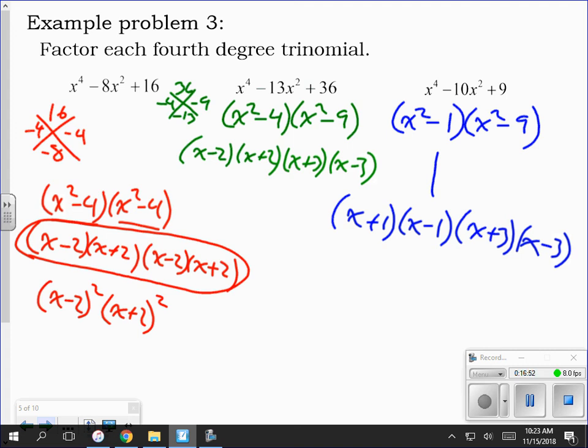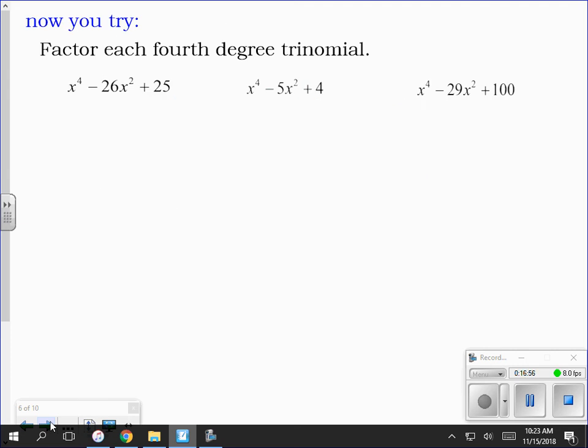Questions on these examples? Your turn, do those. Okay, so the first one is x squared minus 1, x squared minus 25. Whenever the number in front is 1 more than the number at the end, it's 1 in that number, if the last one's positive.